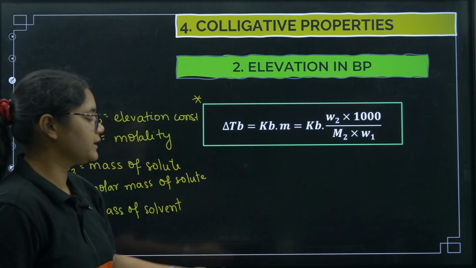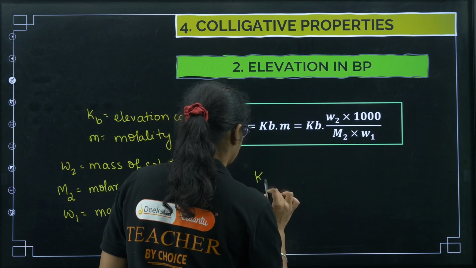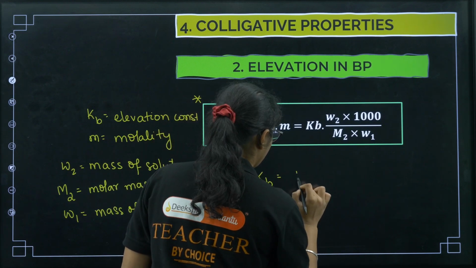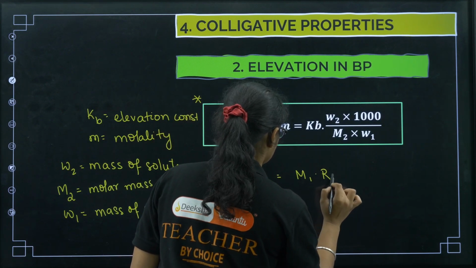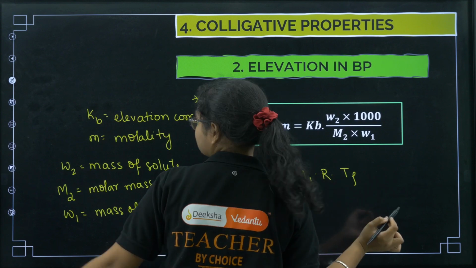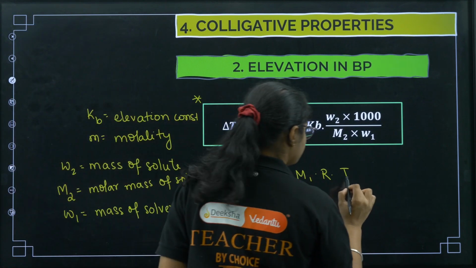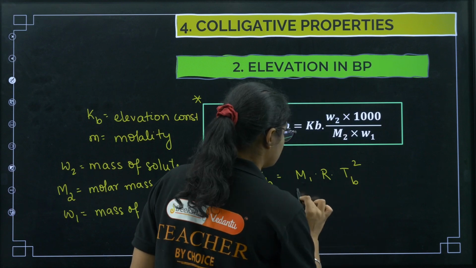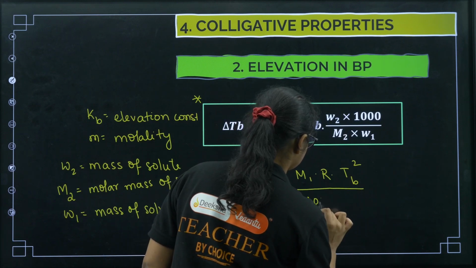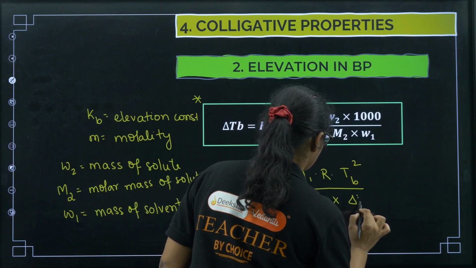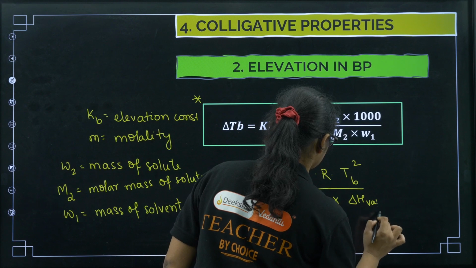Okay, next this KB. You can calculate KB in a different way also. KB is equal to M1 into R into TB square divided by 1000 into delta H of vaporization.